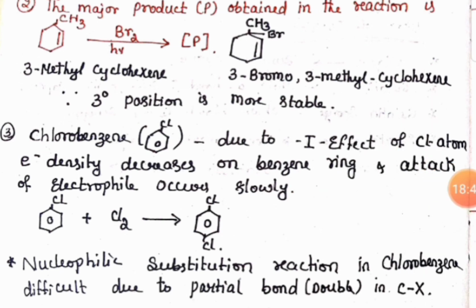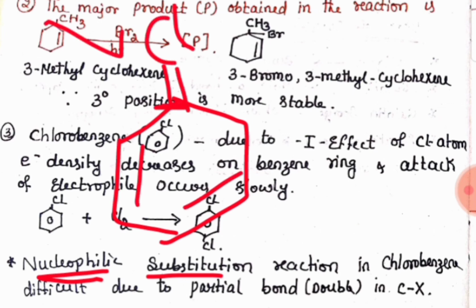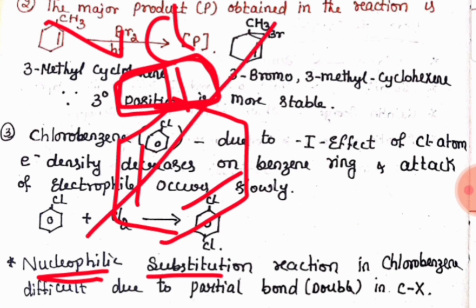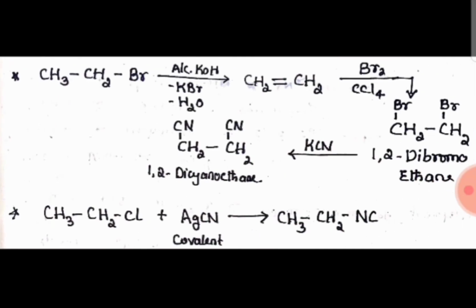Whereas chlorobenzene cannot undergo nucleophilic substitution reaction because of the generation of partial double bond between carbon and halogen. Because of this resonance, haloarenes cannot undergo nucleophilic substitution reaction, but they can undergo electrophilic substitution reaction easily.